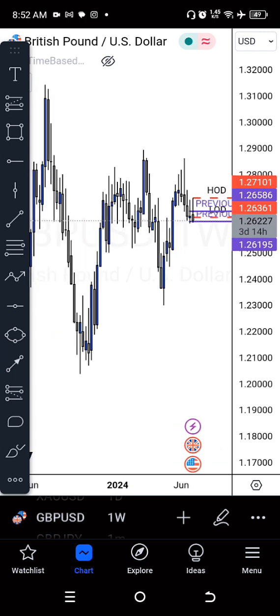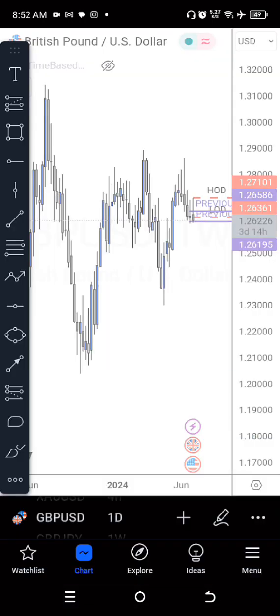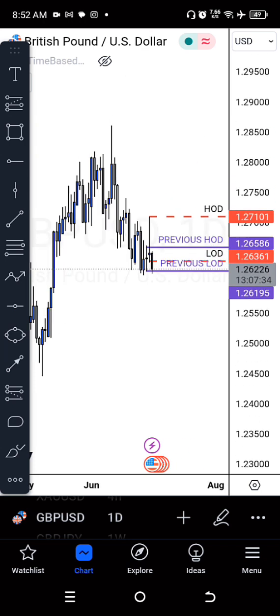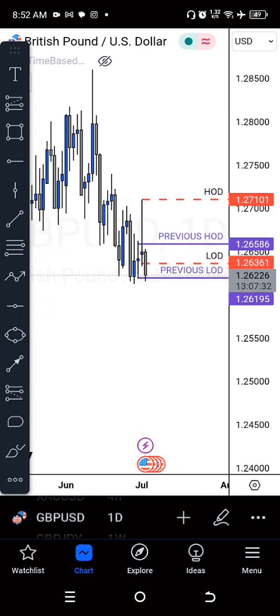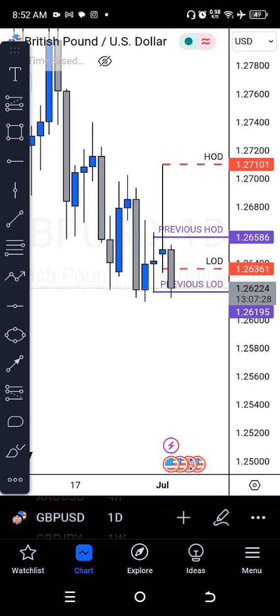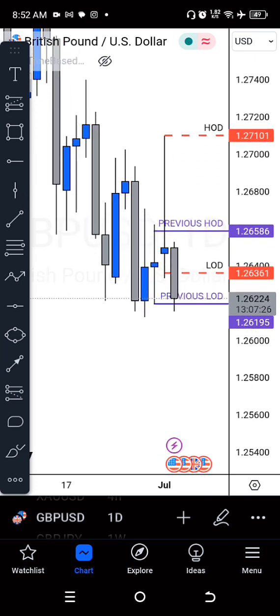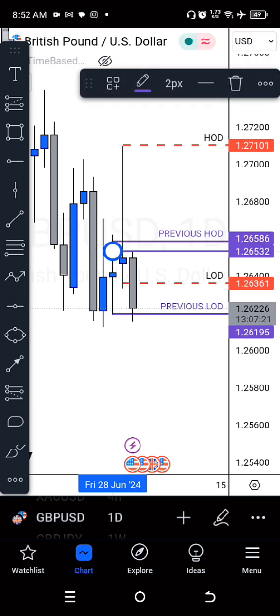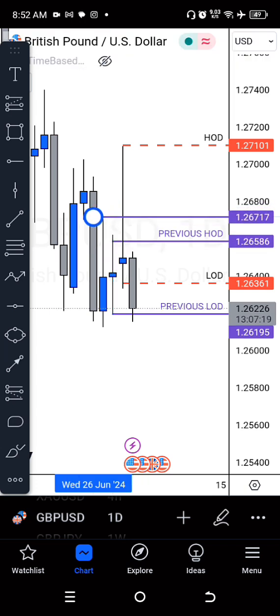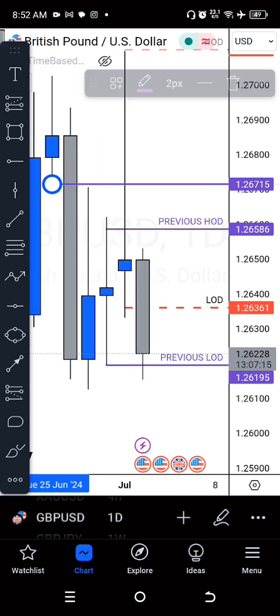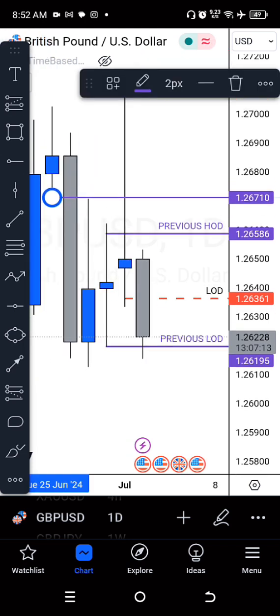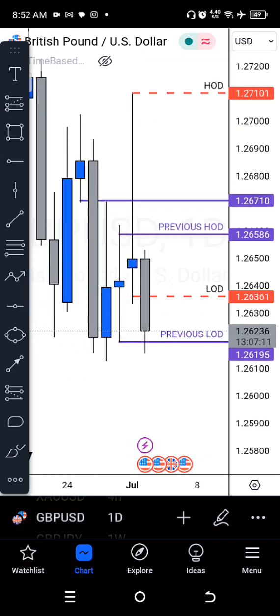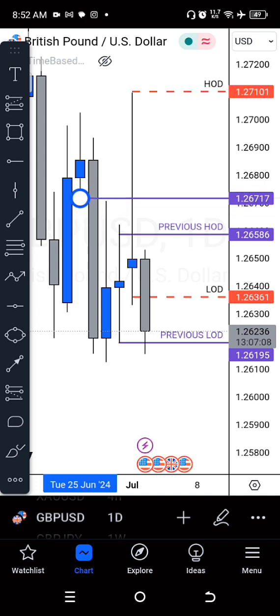Then I'll go to the daily time frame. All right. I'm seeing one area that has not been used on the daily time frame, a supply area. So this area here, oh, I think it has been used. It has been used by this area.